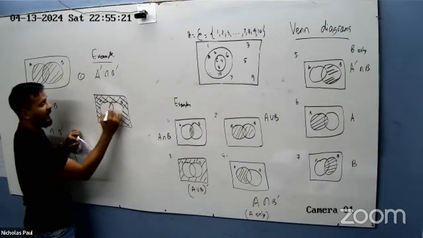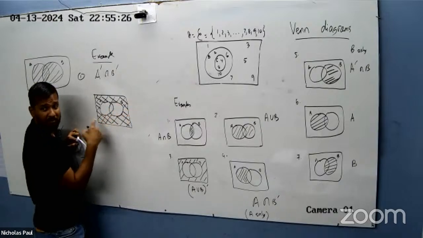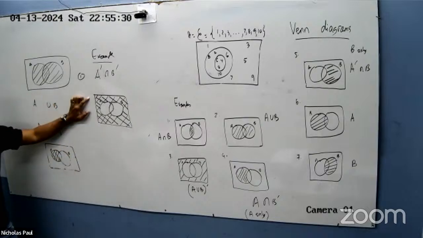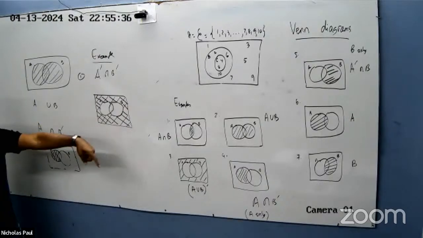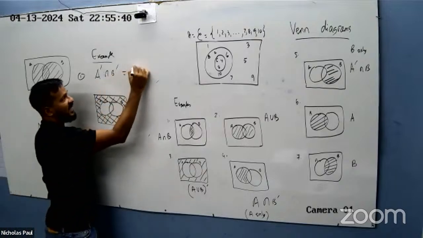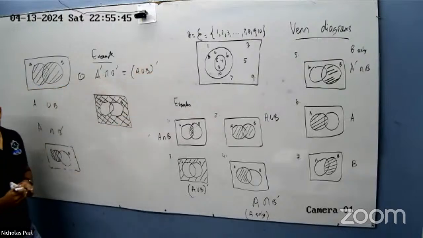Yep, it looks like this. So what does this look like? This is identical to something else I made you draw. This one here. So this is identical to that. Both of them are the same.